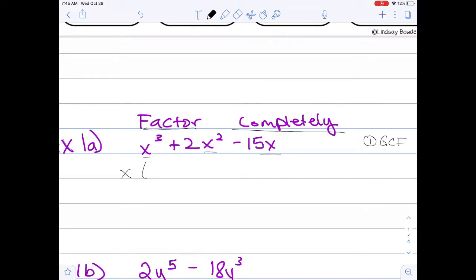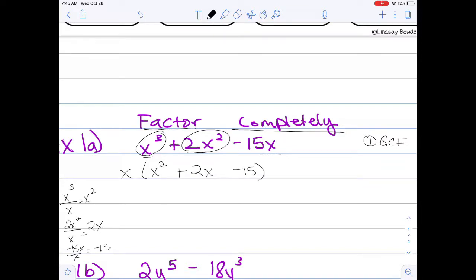So we're left with, well, I know x cubed divided by x is x squared, so that's what goes here. 2x squared divided by x gives me 2x, so that's what's left here. And negative 15x divided by x is just negative 15. So that's what we have.